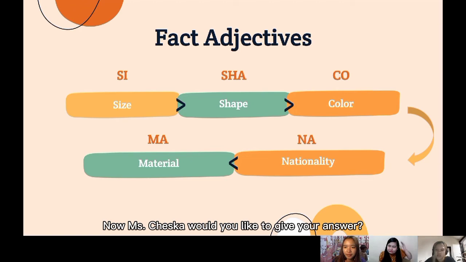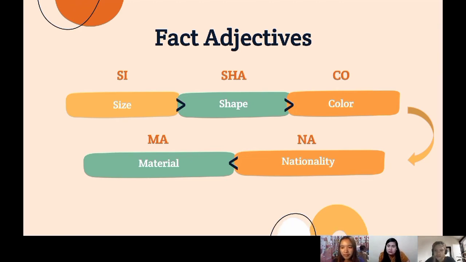Now, Ms. Cheska, would you like to give your answer? An example sentence. Yes. Okay, so I love his new blue cotton shirt.